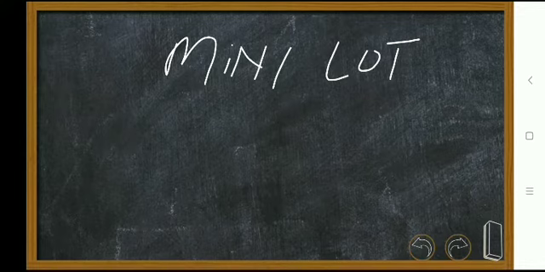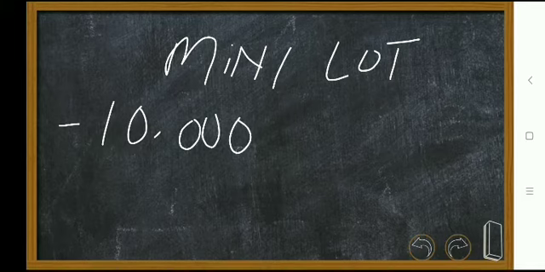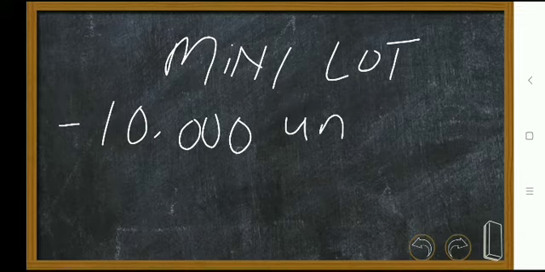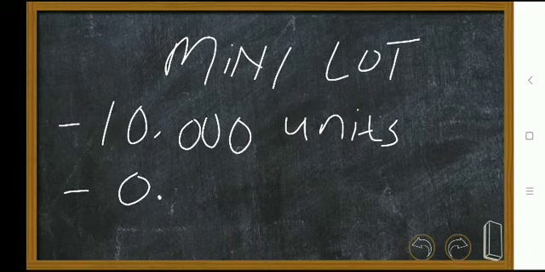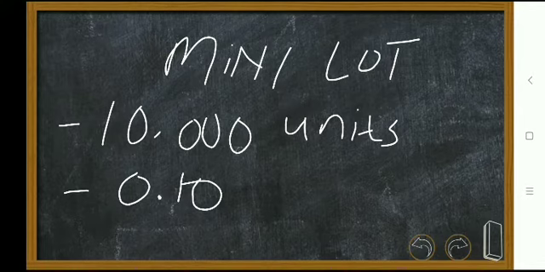This is equivalent to 10,000 units. Remember the first one, the standard lot, was equal to 100,000 units. So that's 10,000 units of the base currency. It will be written as 0.10, or 0.1.